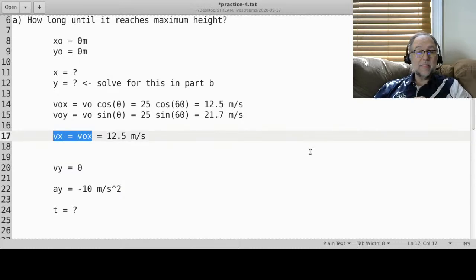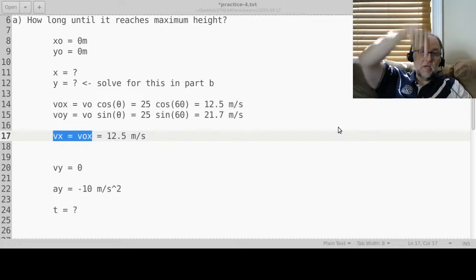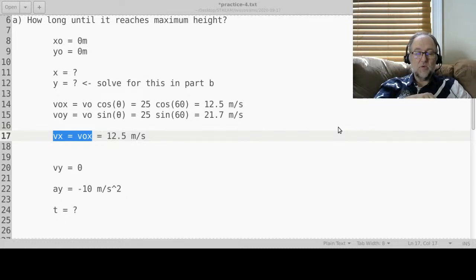That's because the acceleration is straight down, okay? The reason that simplifies the equations is that by choosing the x-axis horizontally and the y-axis vertically, the acceleration is purely in the y direction. There is no acceleration in the x direction.